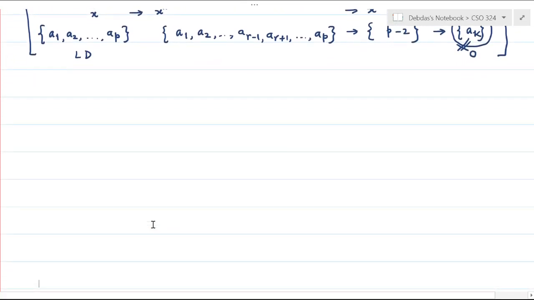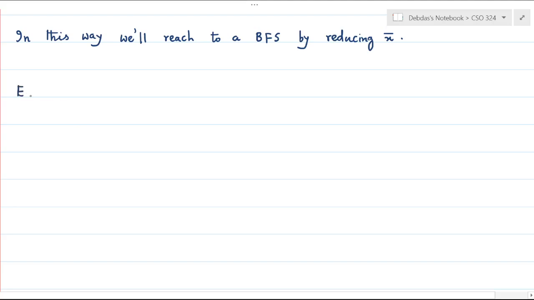Thereby, in this way you will reach a basic feasible solution from the given solution x bar by reducing x bar. Now let me give an example so that the idea of reduction will be clear to you.